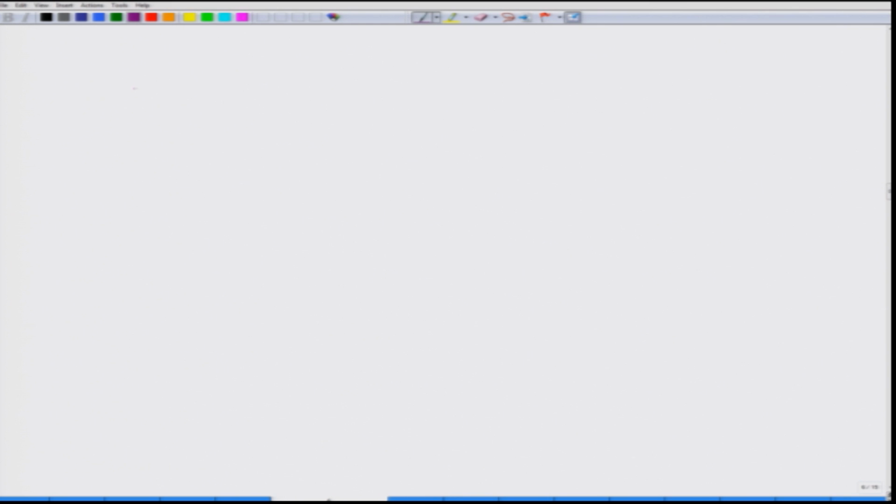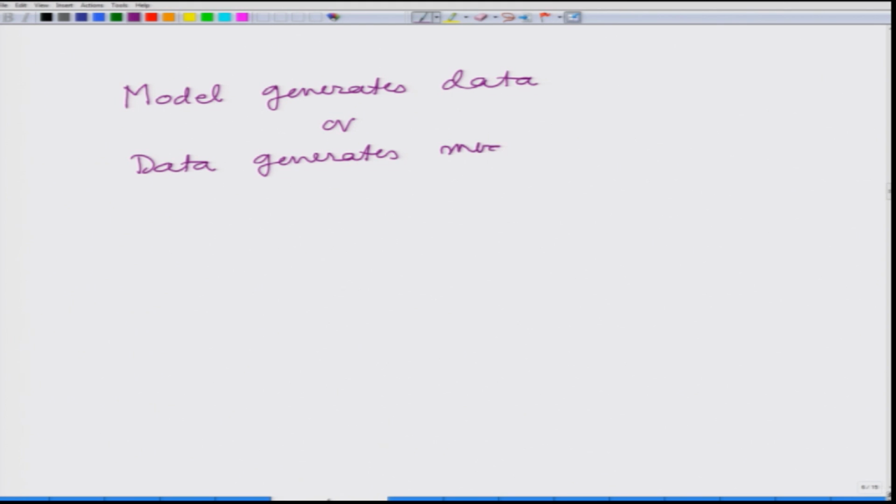Okay. Now I try to address another question. So now we come to another simple concept to understand one more basic fundamental. If I write down two sentences, model generates data or data generates model, which one is correct?